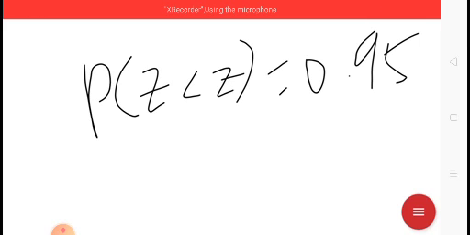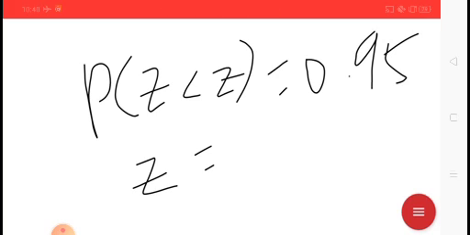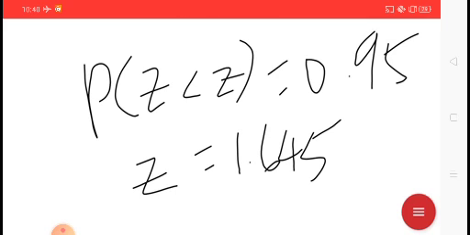Refer to the table, 0.95, your z will be equal to 1.645. Okay, so this is the z value.